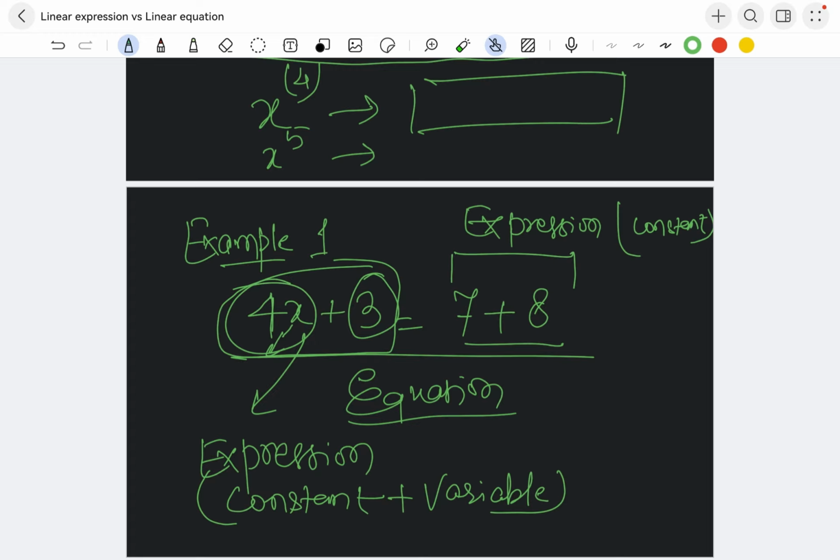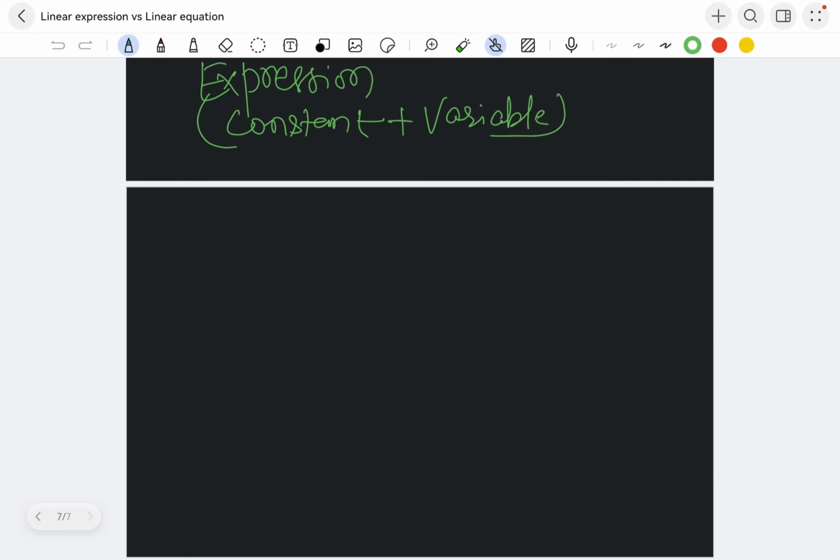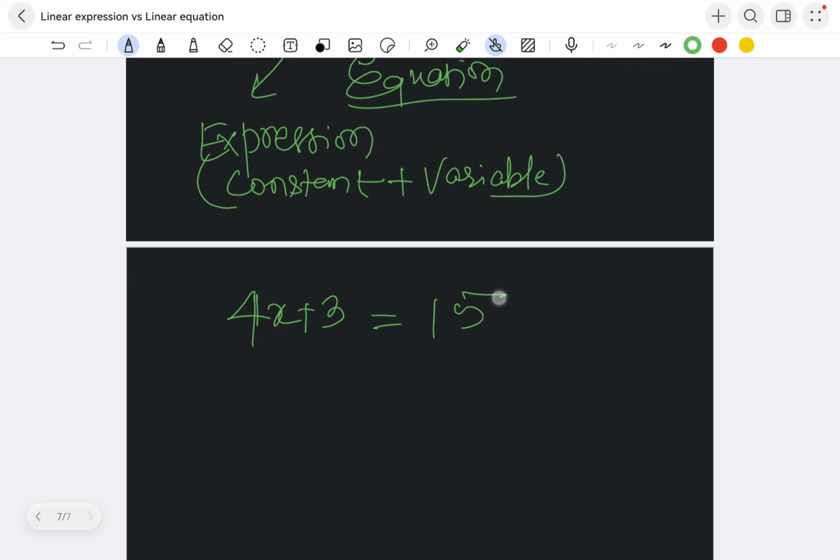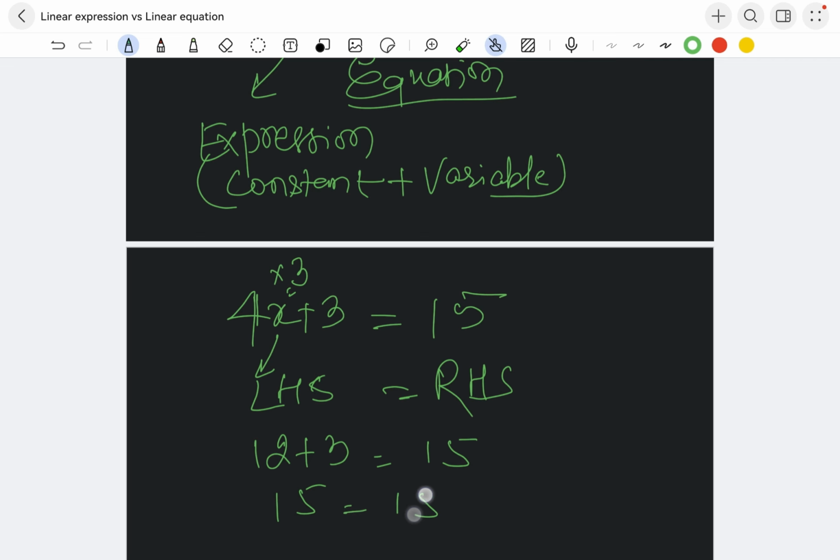Hence there must be a value of x for which this left hand side will become equal to the right hand side. So we can see very easily 4x plus 3 equals 15. Now what should be the value of x so that the left hand side becomes equal to the right hand side? It's very simple. If we take the value of x equal to 3, that becomes 12 plus 3, which is 15. 15 equals 15.